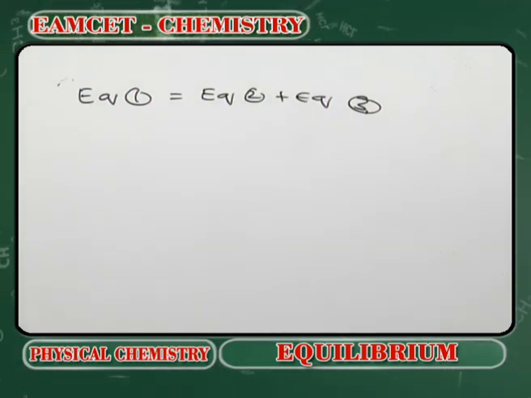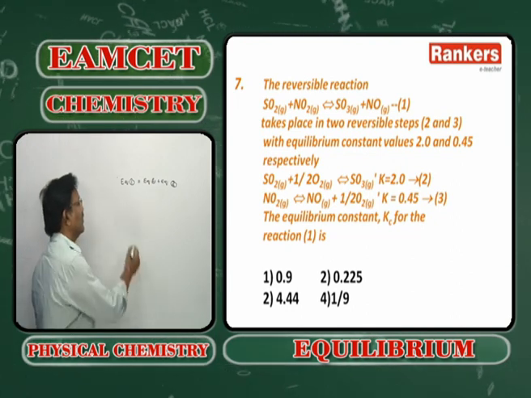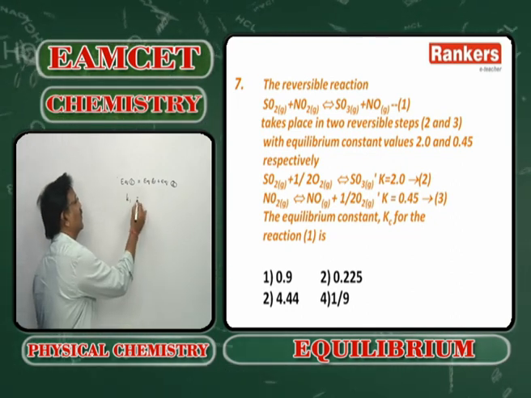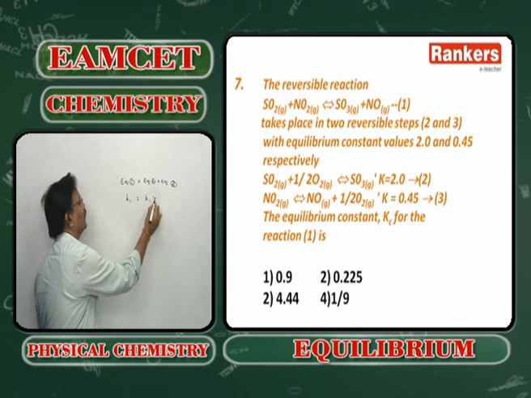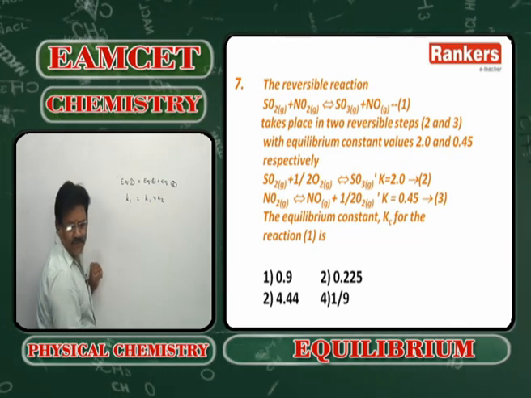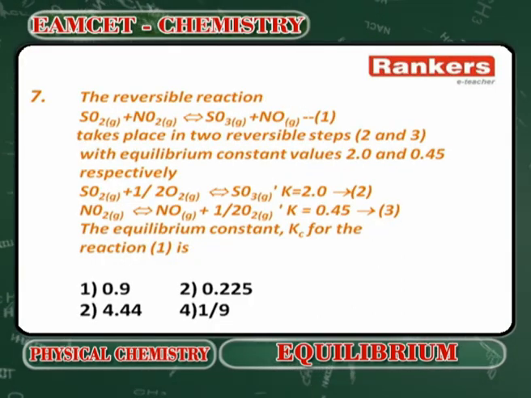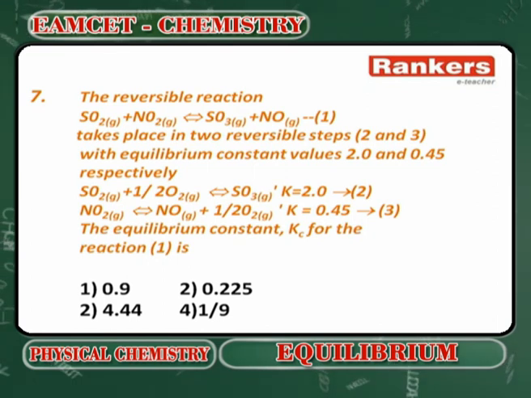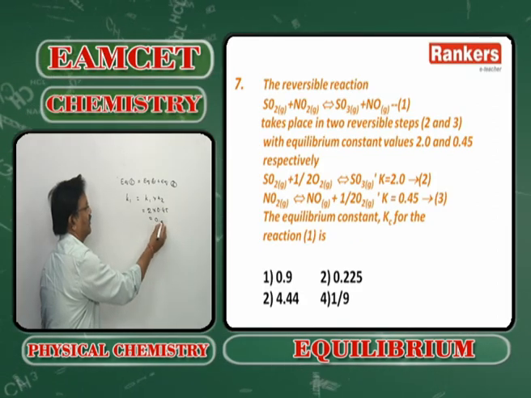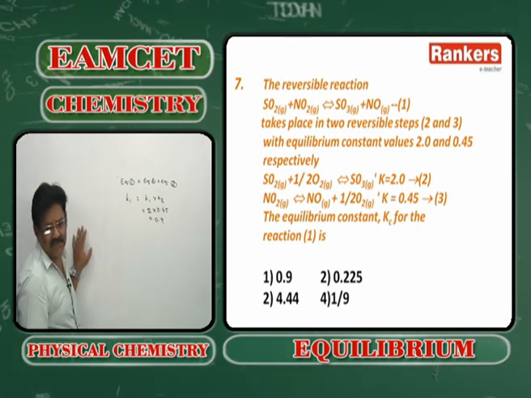When we add equation 2 and equation 3, we will get equation 1. Therefore, K1 is equal to K2 into K3, which is 2 into 0.45, which is 0.9. Option 1 is the answer.